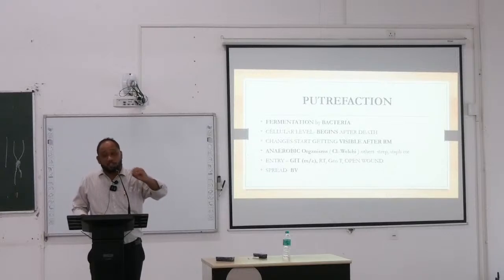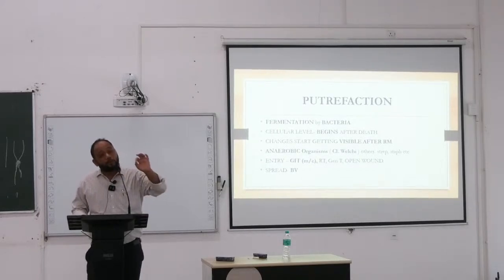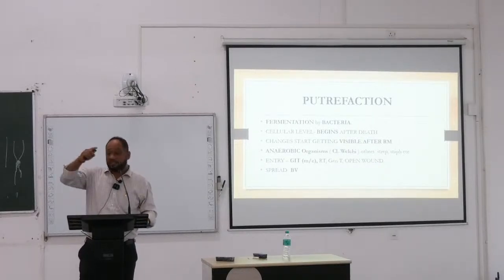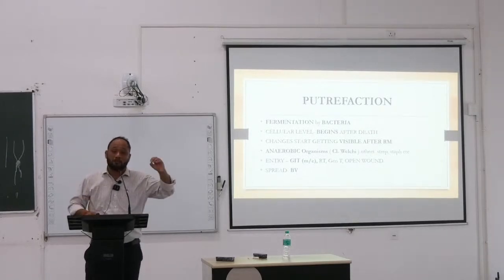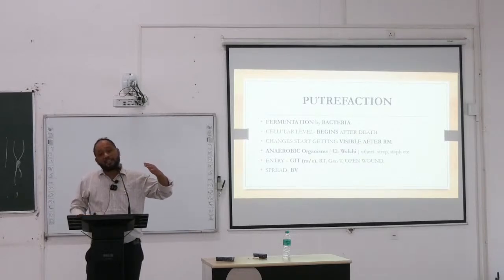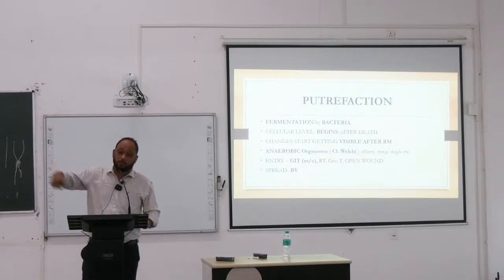This process of overgrowth of bacteria will start at 4 hours after death. Within 24 to 30 hours, it will peak. And after that, the bacterial growth will decrease. So remember: 4 hours when bacterial growth starts, peaks at 24 to 30 hours, and then it drops.